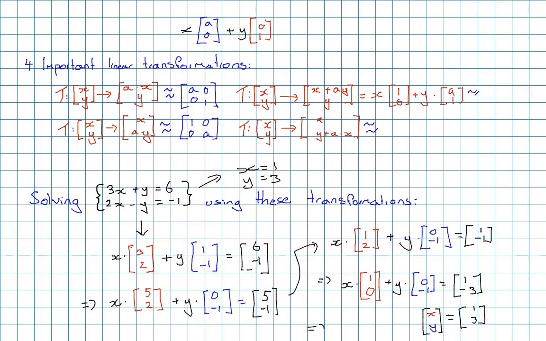And so that's going to be equivalent to the matrix with columns (1, 0) and (a, 1), like that. And similarly this transformation here is going to be equal to x times (1, a) plus y times (0, 1). And so that's going to be equivalent to the matrix with columns (1, a) and (0, 1) rather.